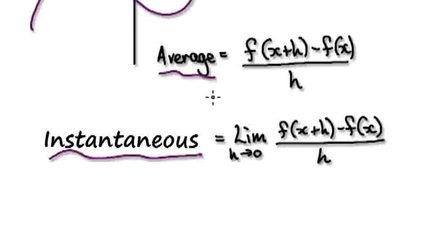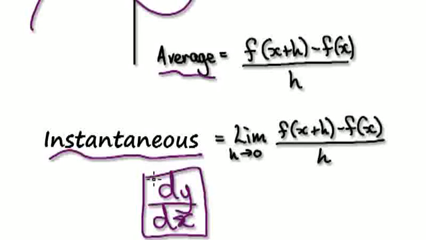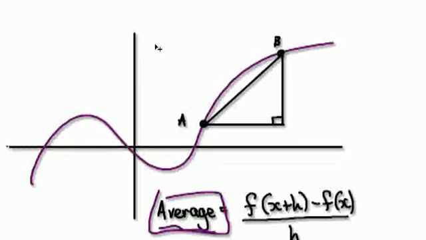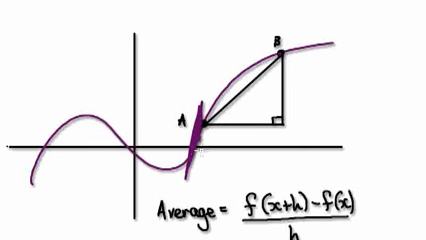This here is your average gradient, and the minute you use dy by dx, it means the precise gradient, or the instantaneous. This here is just the average, so there's a difference. The average is the average between A and B. Instantaneous means the precise gradient at whatever point you want.